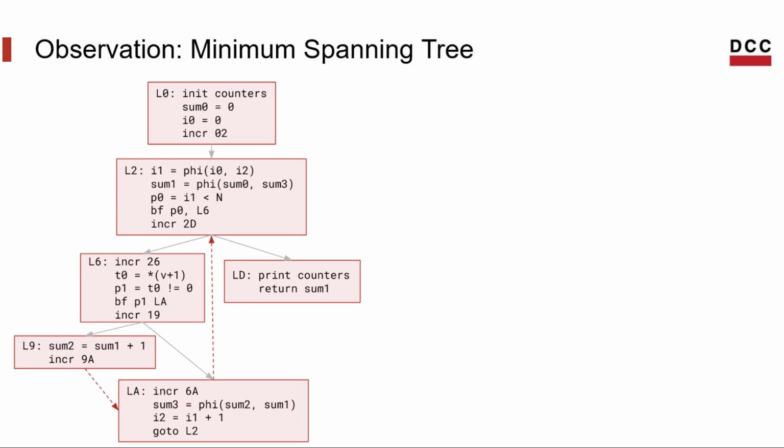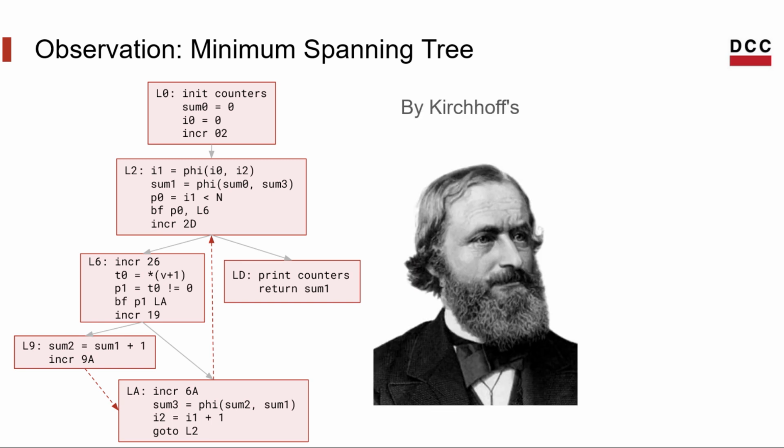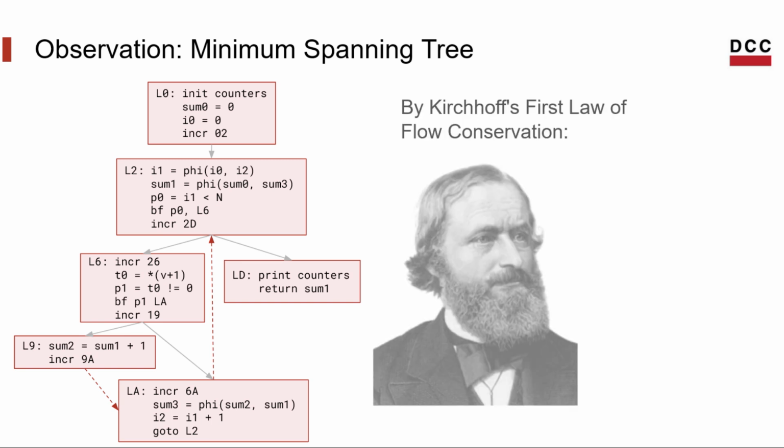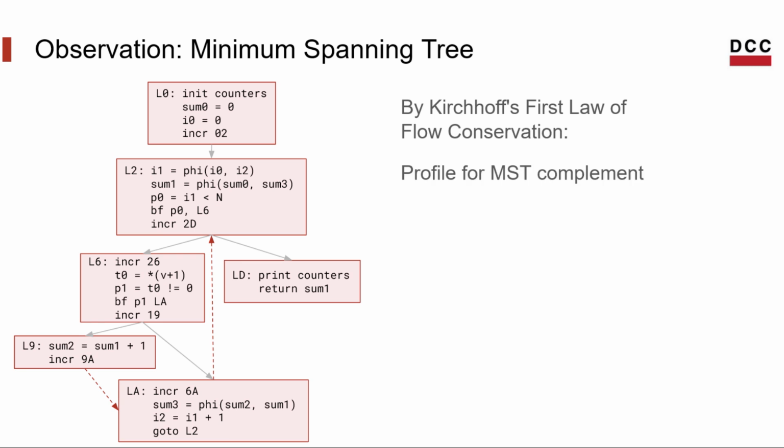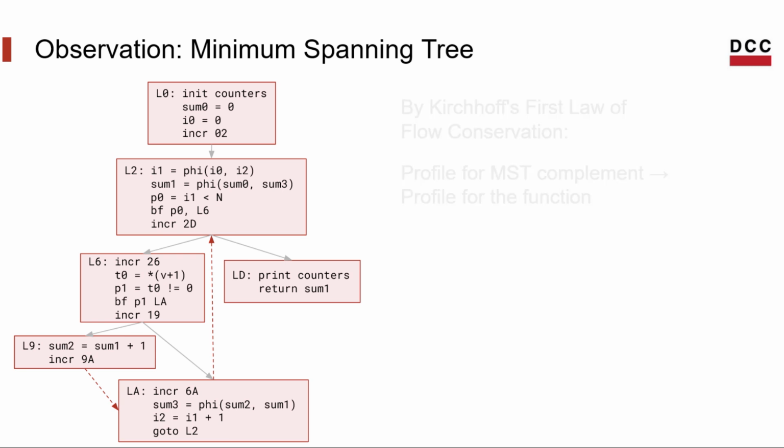What Knuth and Stevenson have shown is that, by Kirchhoff's first law of flow conservation, by getting the exact profile on the complement of the MST, one can reconstruct the exact profile of the whole program. So, from now on, we will call the instrumented edges KS counters, in reference to Knuth and Stevenson.